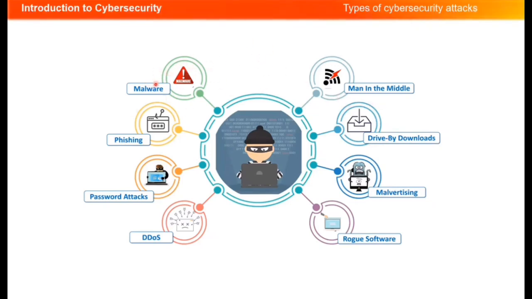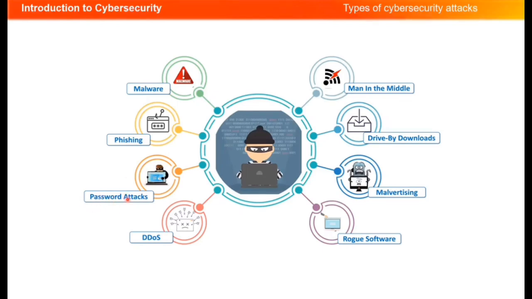Malware is well known. It's a way of, in a stealth method, downloading software to your computer where it can take your data, it can take your location, it can cause problems on your PC. Phishing is a type of fraud where what would seem to be a legitimate email is sent to you and sends you to maybe a rogue site in order to pick up any type of passwords you may have or user IDs.